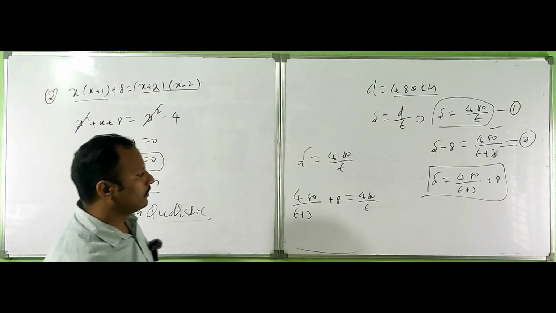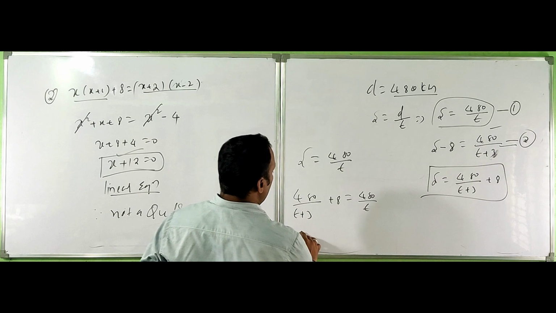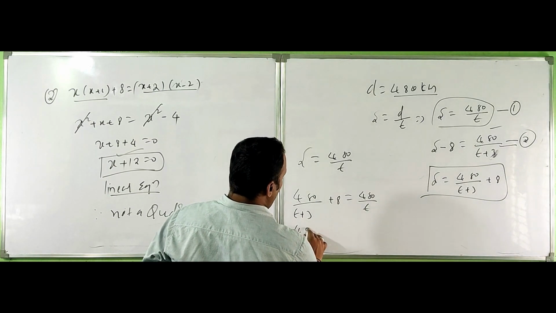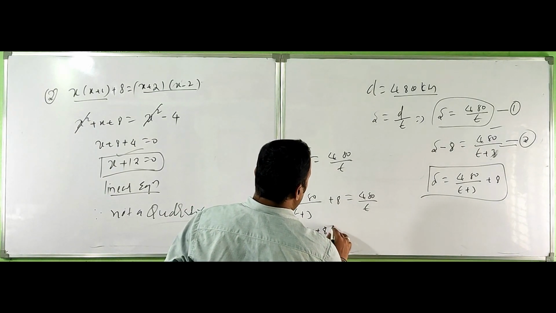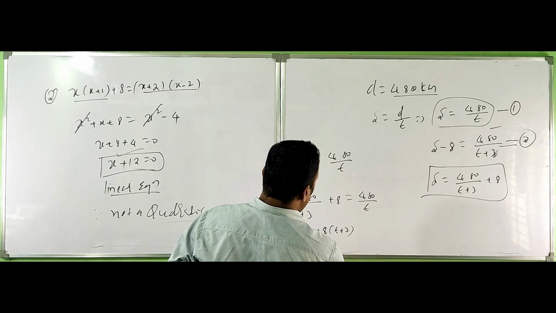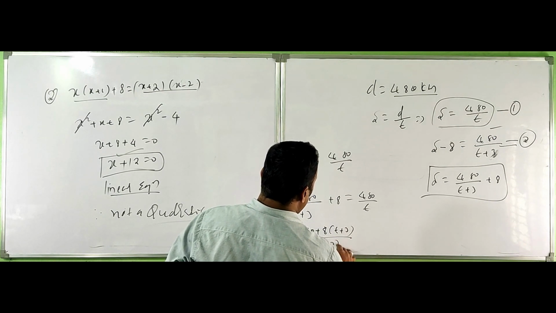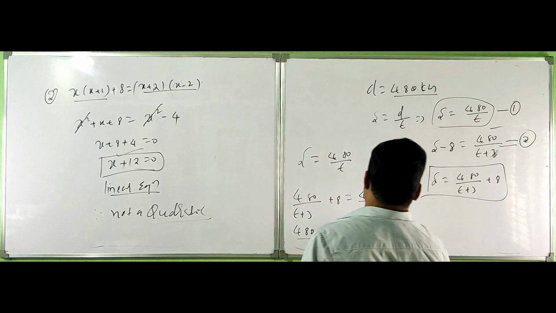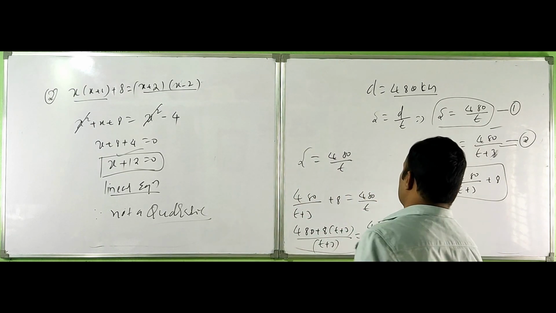Right? So this becomes 480 plus 8 into t plus 3, by t plus 3, is equal to 480 by t. Cross multiplication.